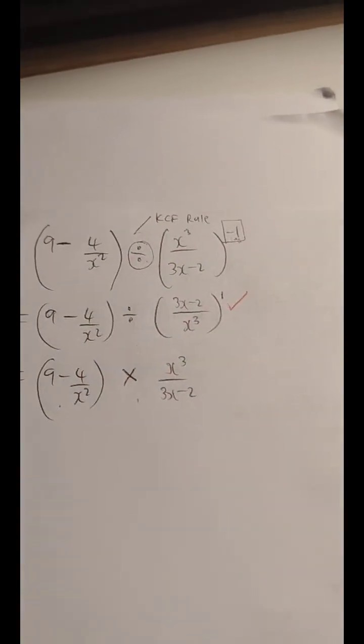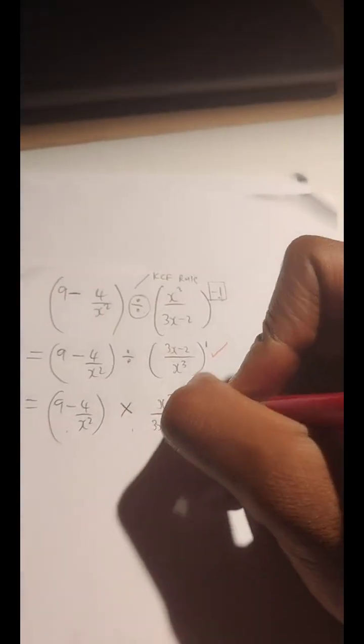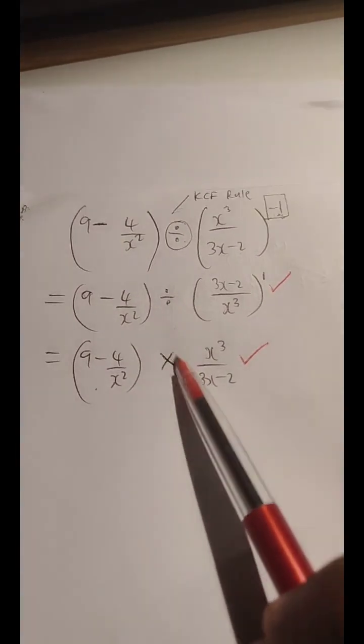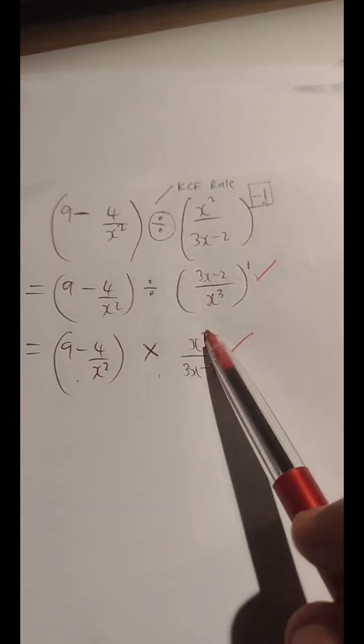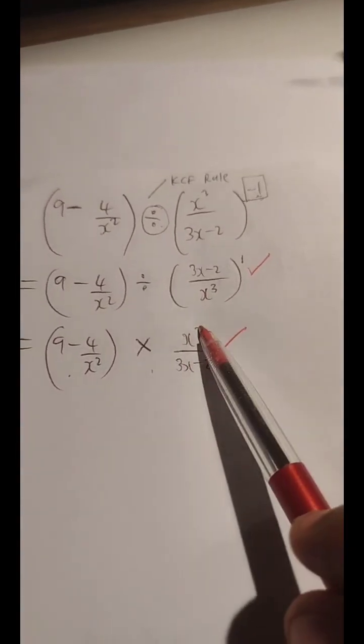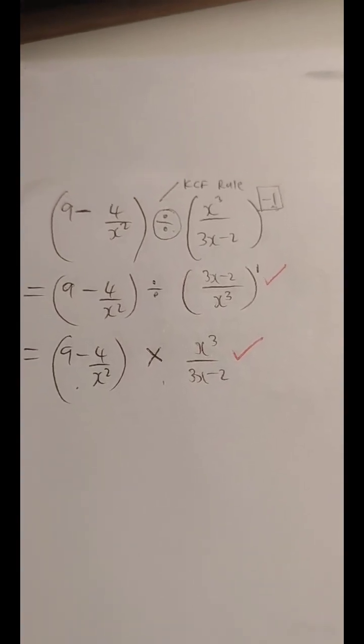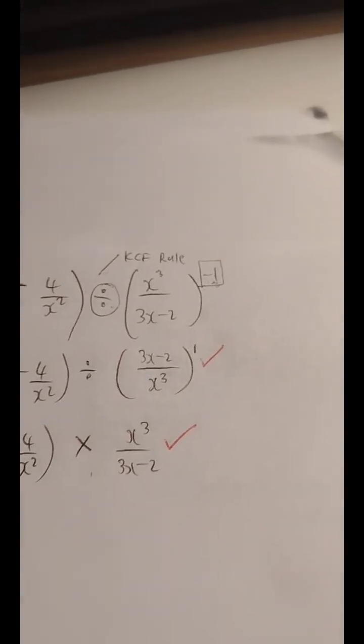It's almost as if I'm doing this for the change in the division to multiply and the flipping of the fraction to x cubed over 3x minus 2. Do you see, guys, what happened here?